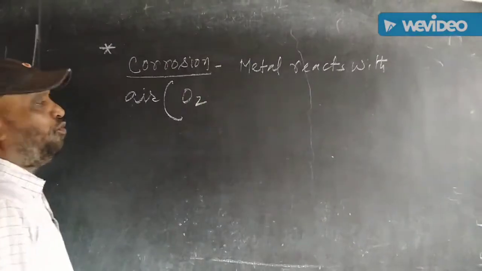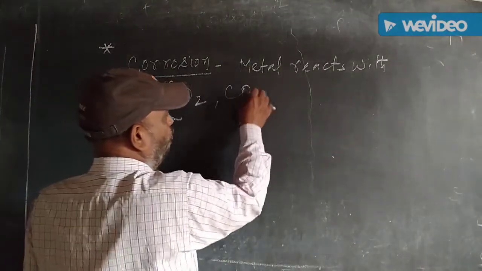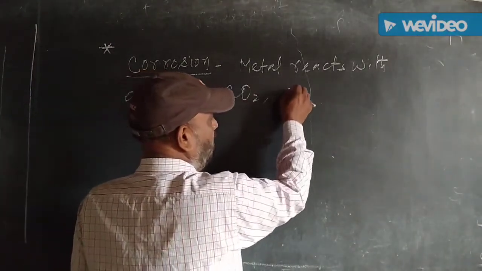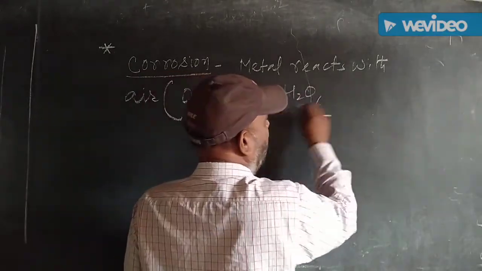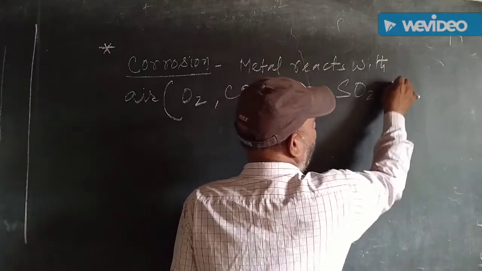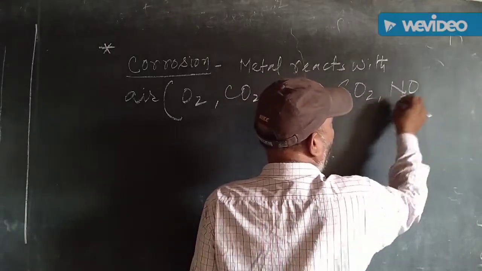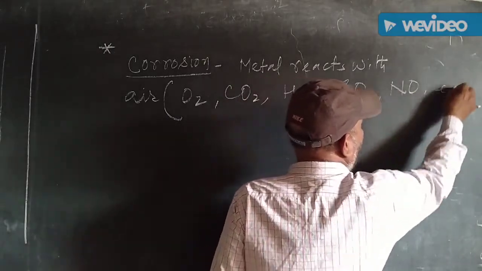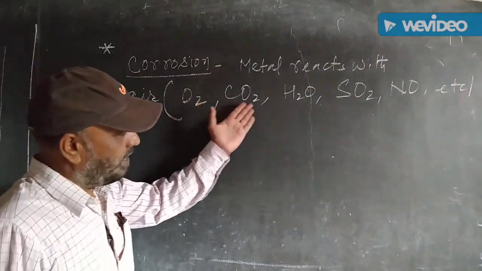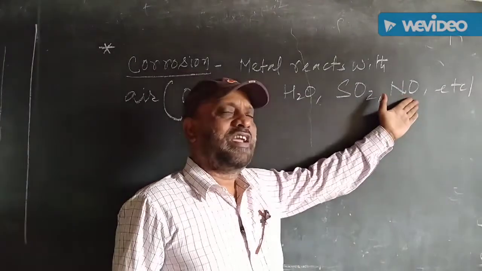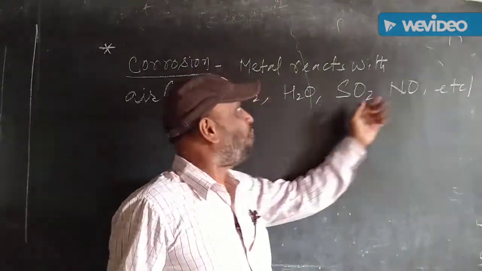Air contains O2, CO2, H2O, SO2, NO, etc. Polluted air contains carbon dioxide, sulfur dioxide, nitric oxide and other oxides.